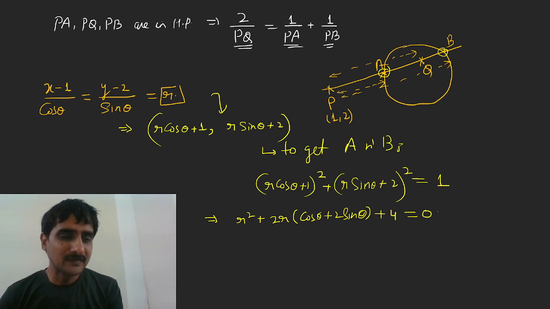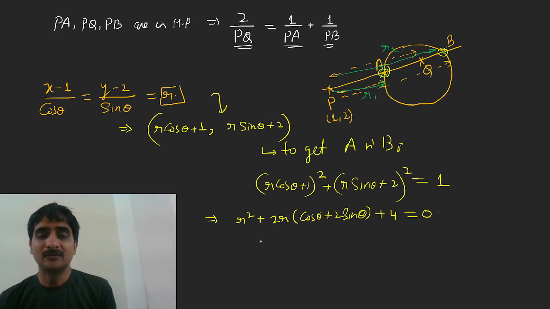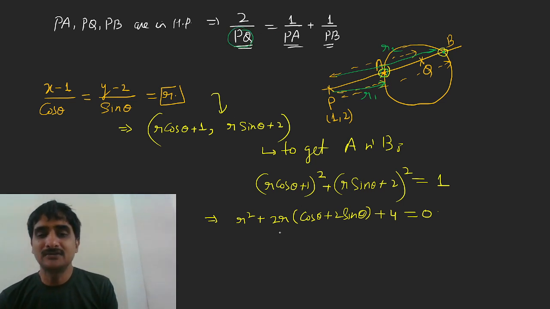Now see, as expected, we got a quadratic in r. It was expected because we had two such points A and B. So of course we need to have two such distances, PA, which I may suppose as r1, and PB, which I will suppose as r2. So PA is r1. What we actually need is 2 by PQ is equal to 1 by r1 plus 1 by r2.